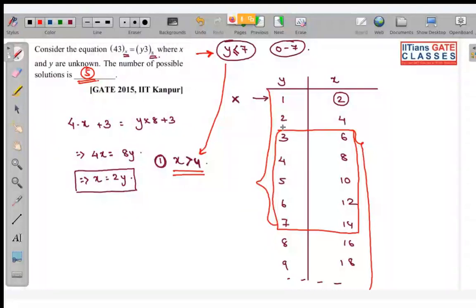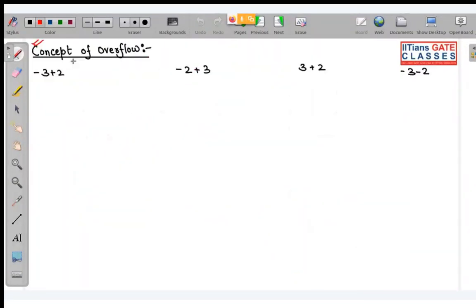Even if you make a simple mistake like I did, I also considered 4 after writing x should be greater than 4, not equal to 4, and you can see I got 6 as the answer. That is very wrong. 5 is the correct answer. Thank you. Who rectified my mistake? Piyush. Yeah, thank you, Piyush.